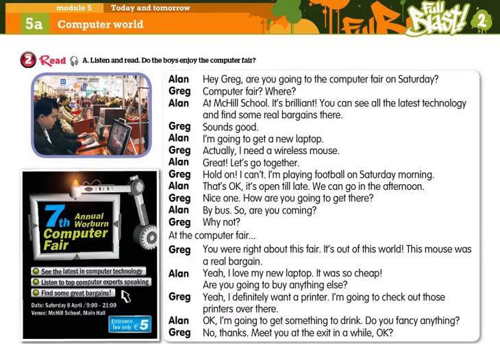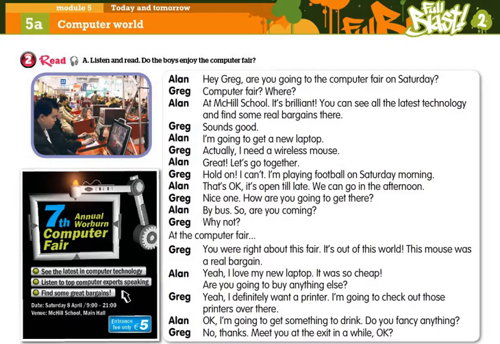So when you finish, please, I would like you to move to this text that is going to talk about a computer fair, right? So here you have listen and read. Do the boys enjoy the computer fair? Okay, fair means an exhibition, or like a museum of computers, okay?